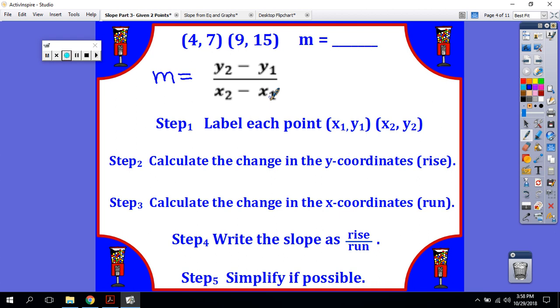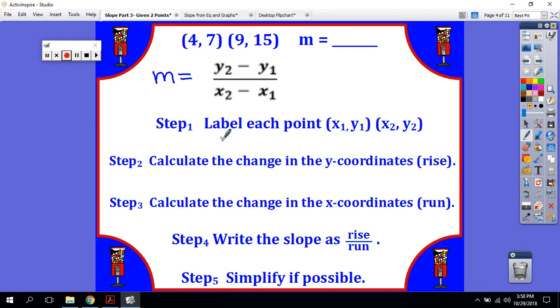If these were exponents, the 2 would be up here in the corner of the y and the 1 would be up here. But these are at the bottom, kind of like what you've been doing in science. Do you remember the sub on the science? The subscript. Okay? So this is the second y value subtracted from the first y value divided by the second x value subtracted from the first x value.